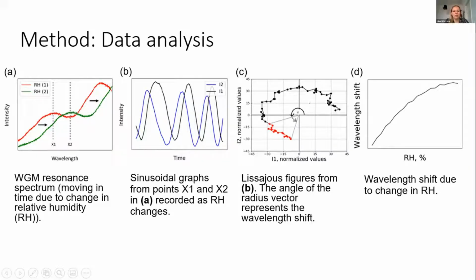From those, we can create a Lāse figure. That allows us to see if the humidity is increasing or decreasing, because depending on that, the Lāse figure is created in time either clockwise or counterclockwise. And the angle shift here represents the wavelength shift, as one full circle corresponds to the free spectral range of the modes.